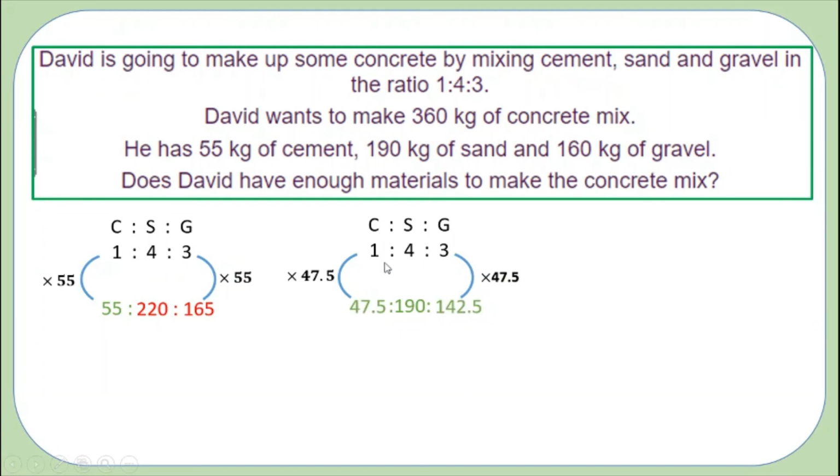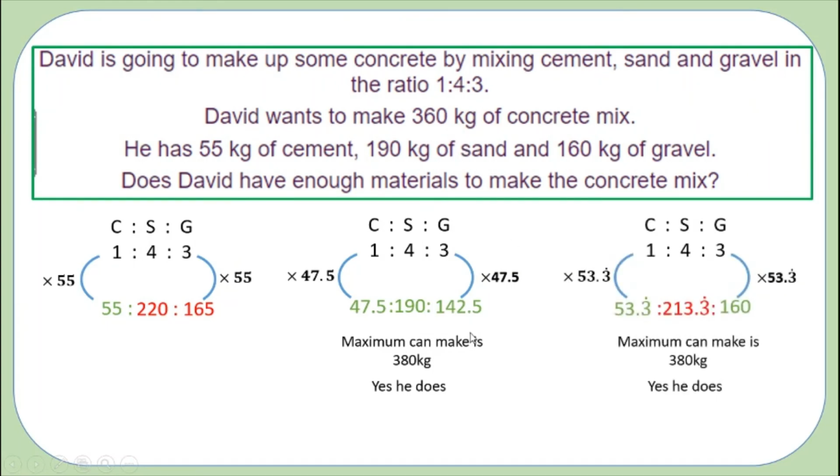Well, that's going to give us those numbers, and we can do all of those. Now, it only wants to know if we have enough materials, so I can stop there. That's enough for me to do the answer. He can make 380, he only wanted 360, that's plenty. If you did do the other one, just if you want to check your numbers, well, he couldn't do that version with sand, he's still on 380.